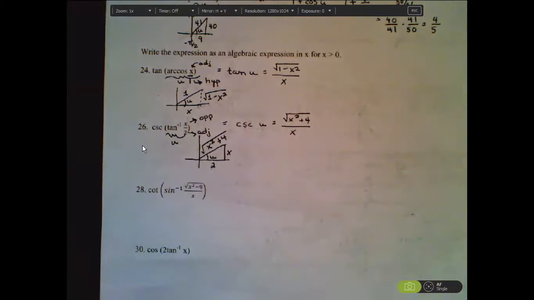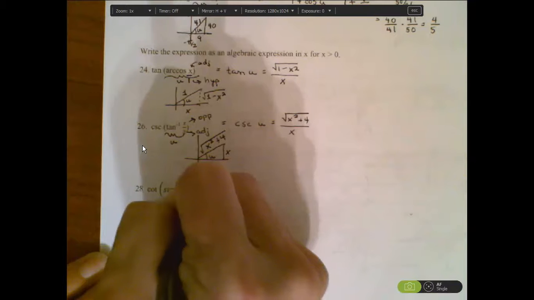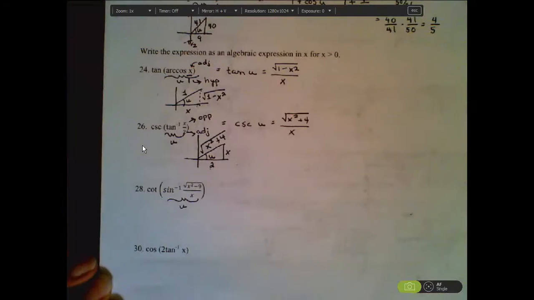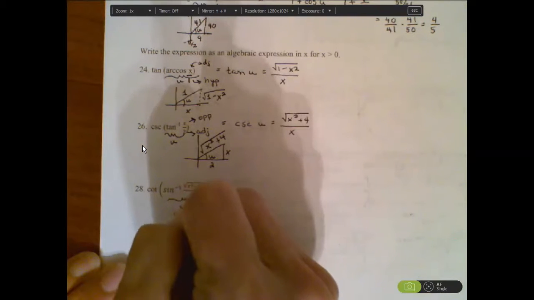Number 28. I want to draw a first quadrant angle. First quadrant again because x is positive. A first quadrant angle named u.